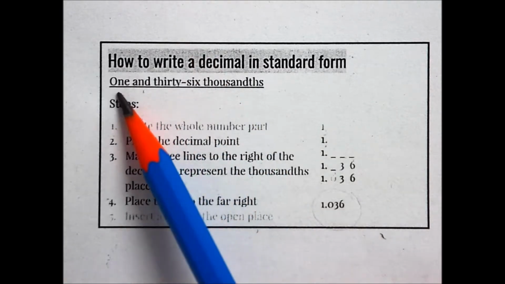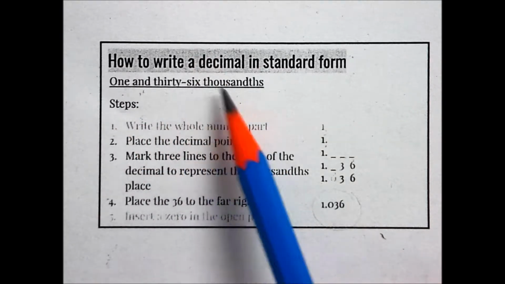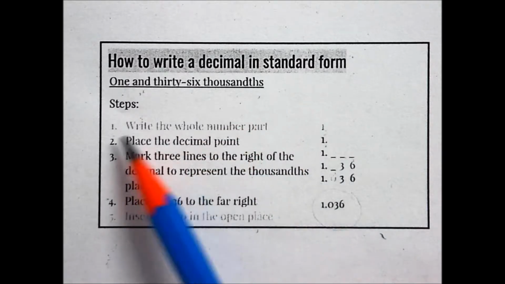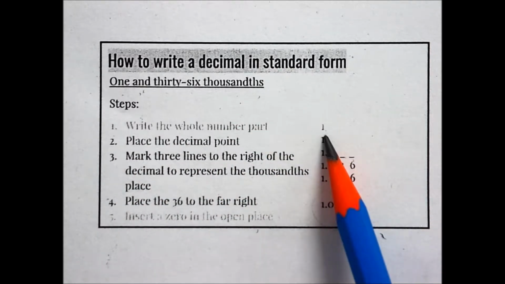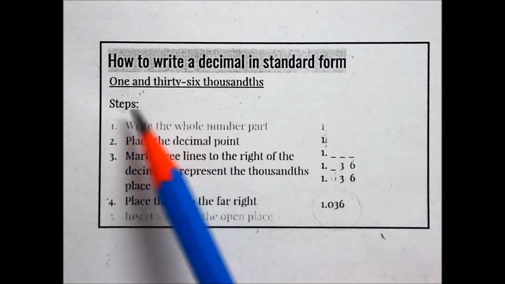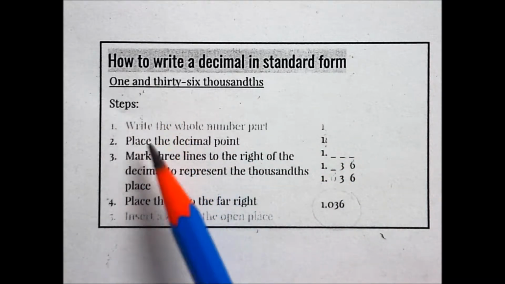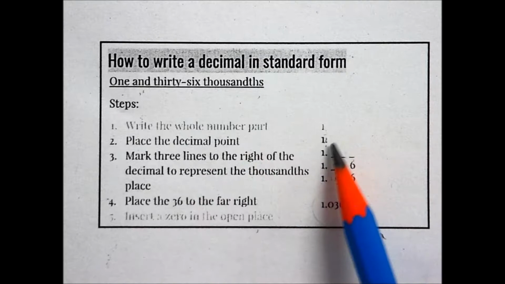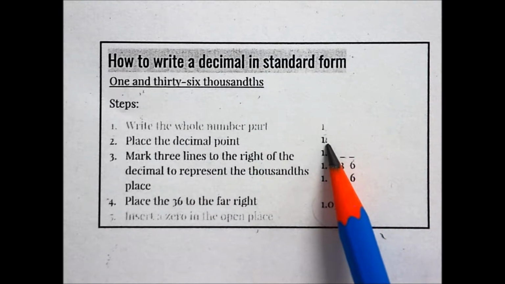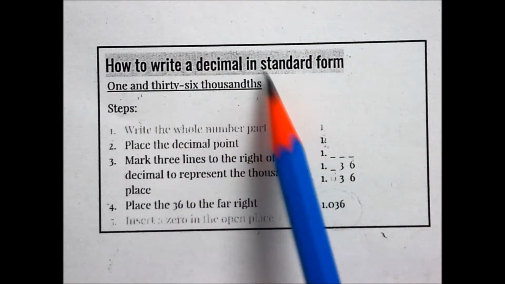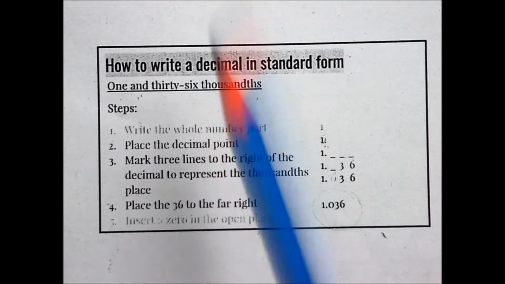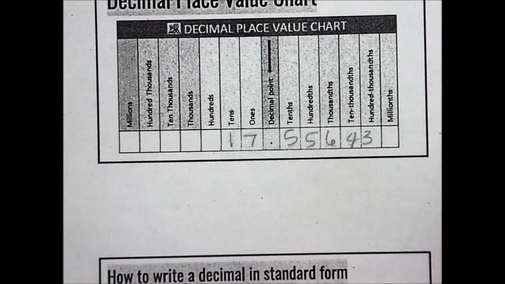Our number is 1 and 36 thousandths. Step 1 is to write the whole number part, so we place a 1. Next, the word "and" means the decimal point, so we will place the decimal point. We look at our place value, 36 thousandths, so then we take a look at our chart.